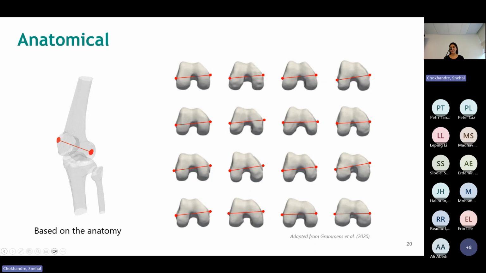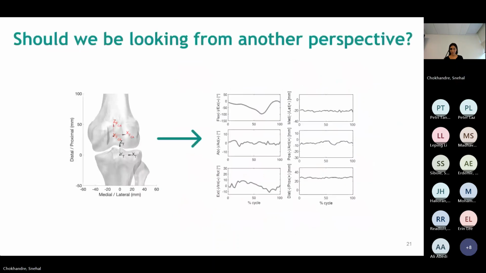We need some kind of objective absolute reference frame that has to be consistent across all humans, or at least across all healthy people or something like that. So we'll inherently have differences in reference frames across subjects if we use anatomical axes, but functional axes also have problems. So the problem right now is that the signals for anatomical axes might look different, even though they're actually representing the same motion. And this is where I think we're a little bit stuck at the moment.